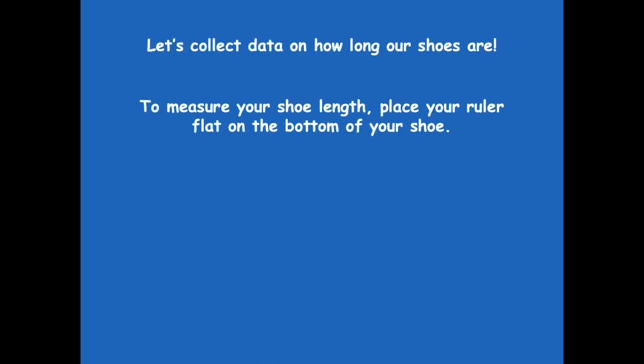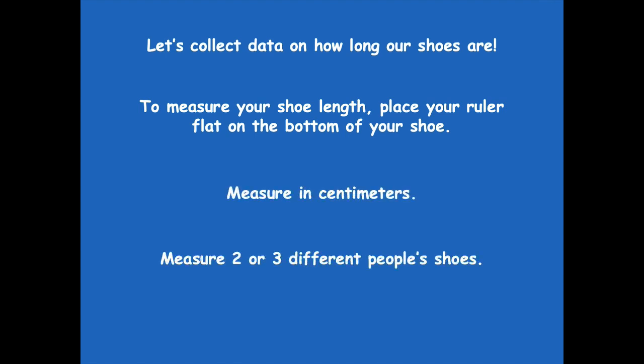All right, friends, so we're done talking about our hand spans. Now we're going to collect data on how long our shoes are. So to measure your shoe length, you place your ruler flat on the bottom of your shoe, and then you would measure in centimeters. Then I want you to measure your shoe and measure 2 or 3 different people's shoes. So this is a great practice for measuring objects in centimeters, okay?